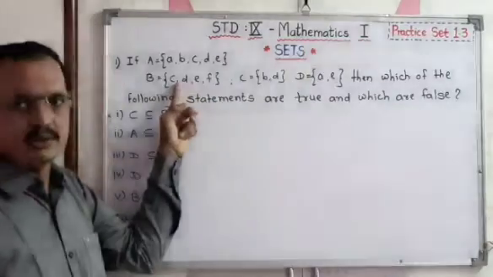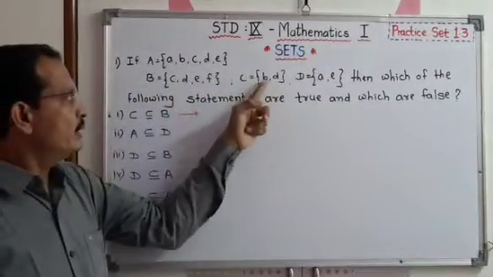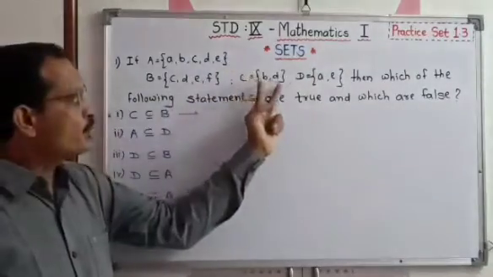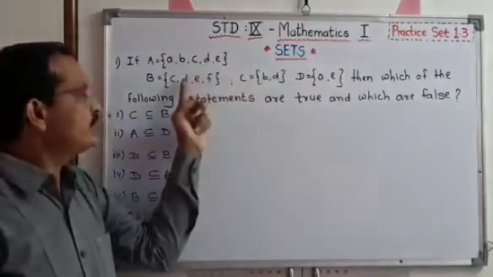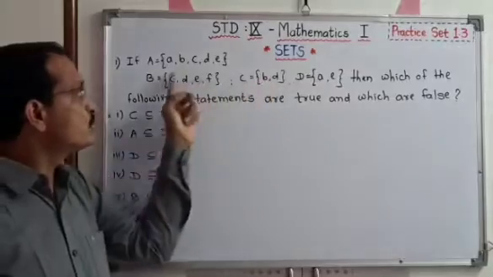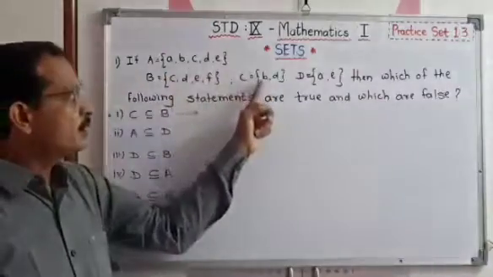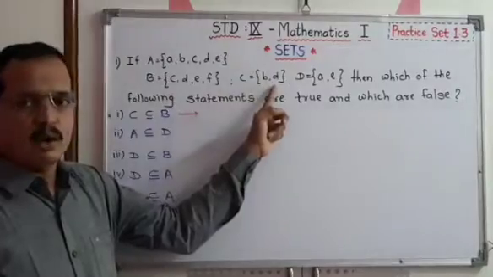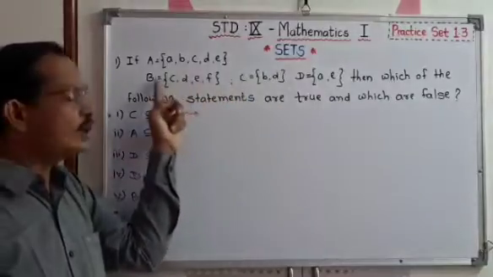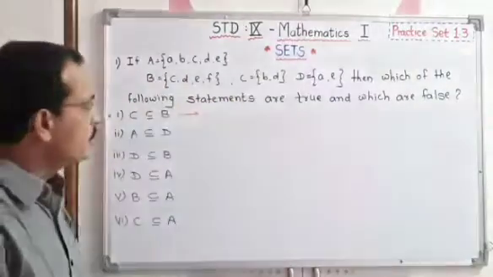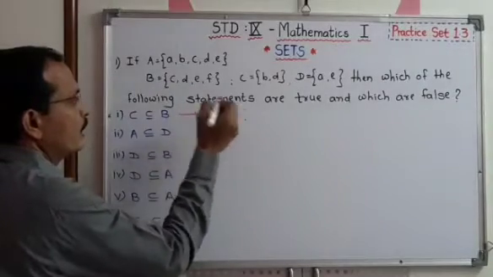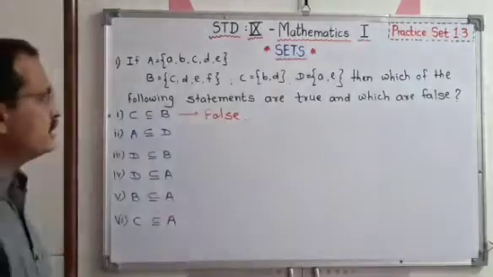No, it is not present in set B. Element D is present in C, and it is present in B. Out of these two, only one element is present in B. But by the definition of subset, all the elements must be present in set B. But all elements of set C are not present in set B. Therefore, C is not a subset of B. Therefore, this statement is false. Therefore, we have to write only false. That means this statement is false.